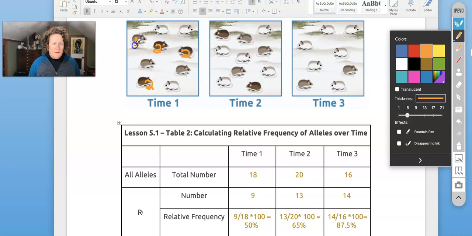In every medium mouse, we have 1 dark allele. Remember, medium mice have 1 light and 1 dark. So we just count 1 if we're counting dark alleles. So we have 3 twos, that's 6, 7, 8, 9. We have 9 dark alleles here.